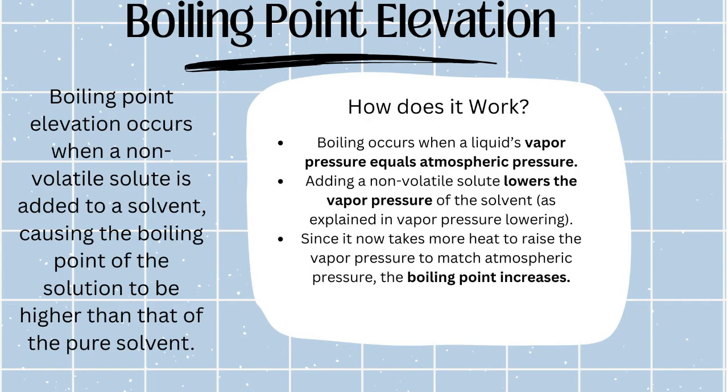So fewer solvent molecules can evaporate, because solute particles take up surface space. Now, because the vapor pressure is lower, it takes more heat energy to bring it up to the point where it matches the atmospheric pressure. In other words, the liquid needs to get hotter to boil. The result of this is the boiling point increases. This is called the boiling point elevation, and it is another colligative property.